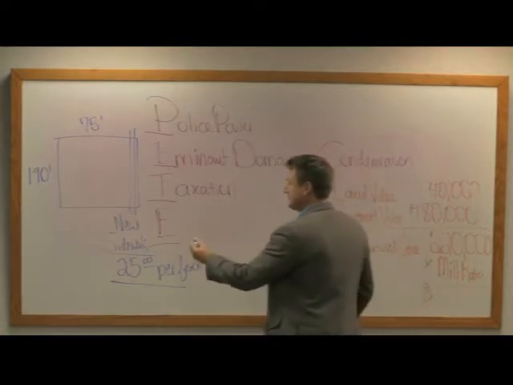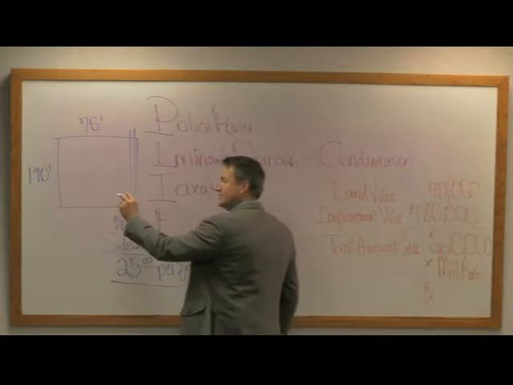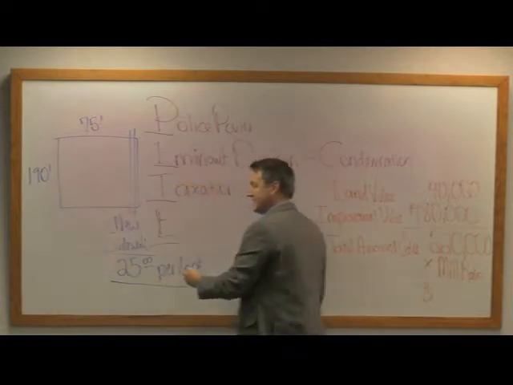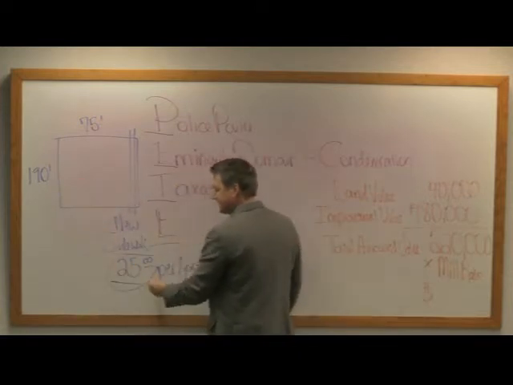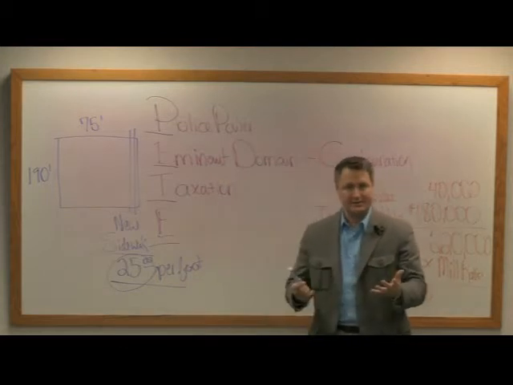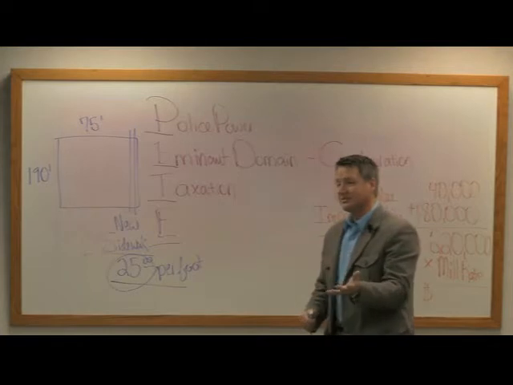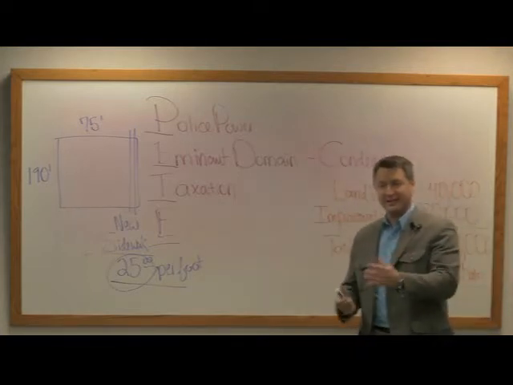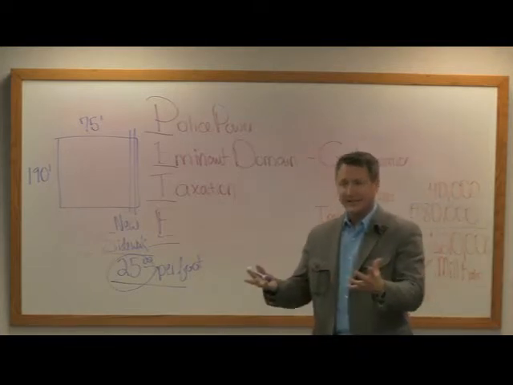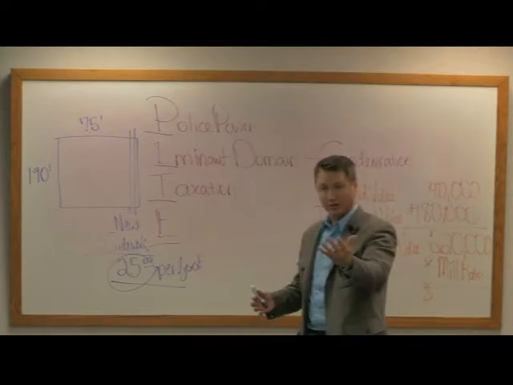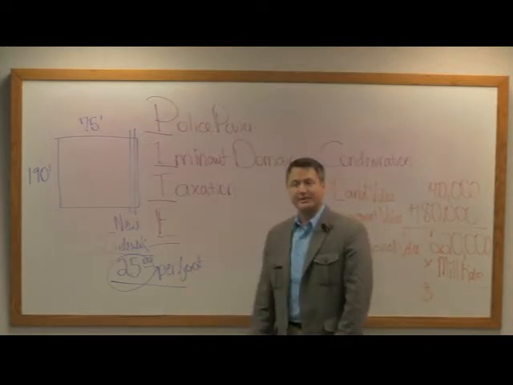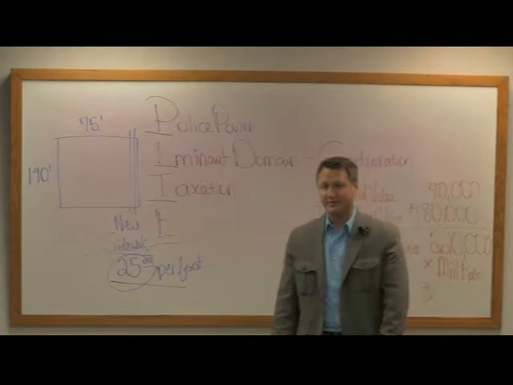So, would it be okay if I took the 190 and took it times the $25 per foot to get my answer? They won't say square, but yeah, because we've got linear feet and square feet, and chances are in the real world it's not going to be something this simple. But for the test world, they'll keep it simple.